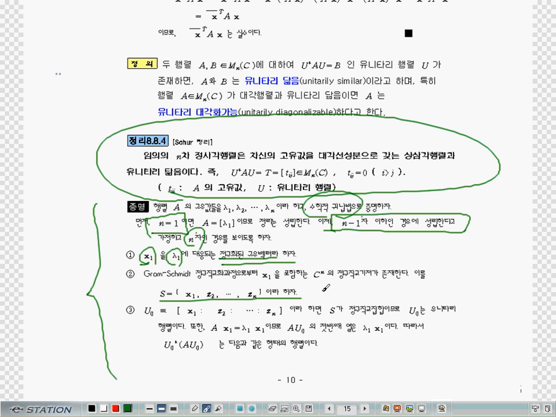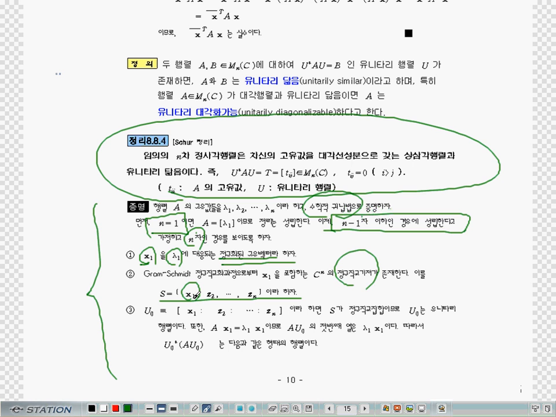Then by the basis extension that we covered in the preliminary chapter 0, there is an ON basis of Cn, including x1, which was the eigenvector of A corresponding to the eigenvalue lambda 1.